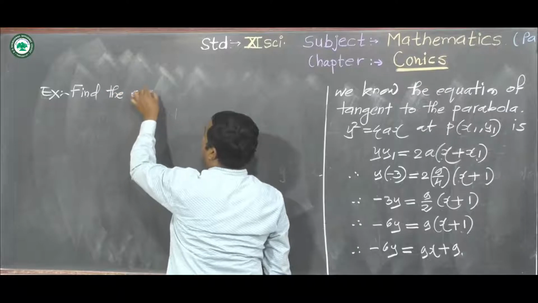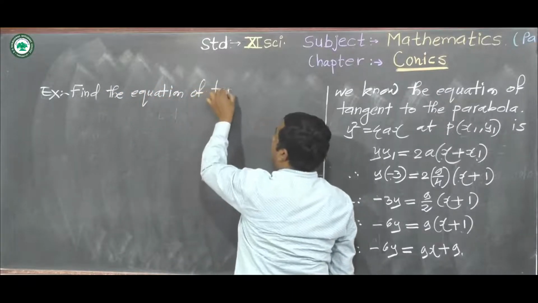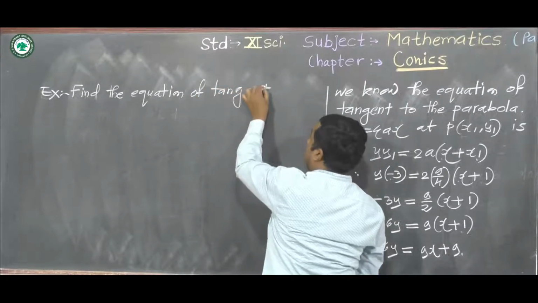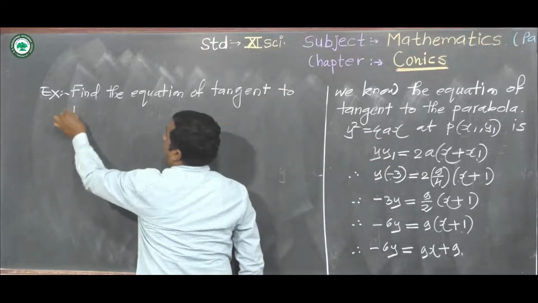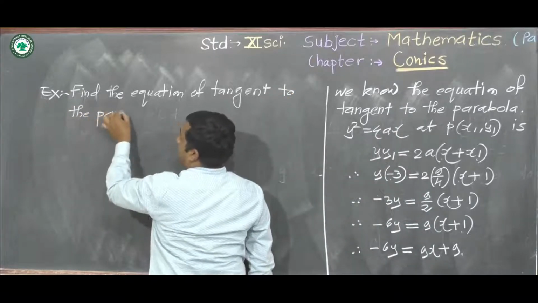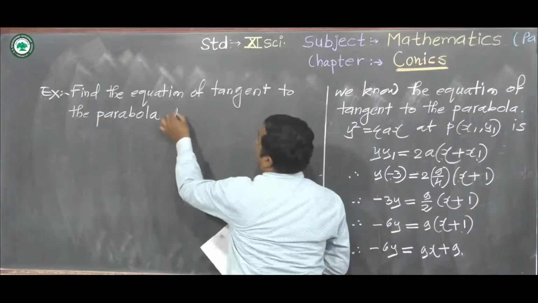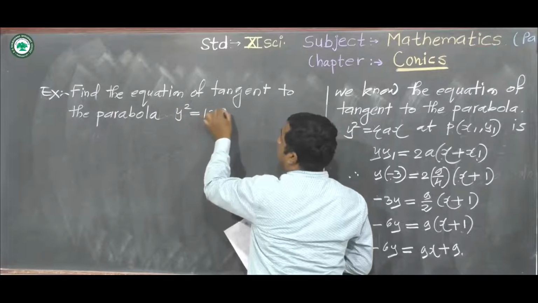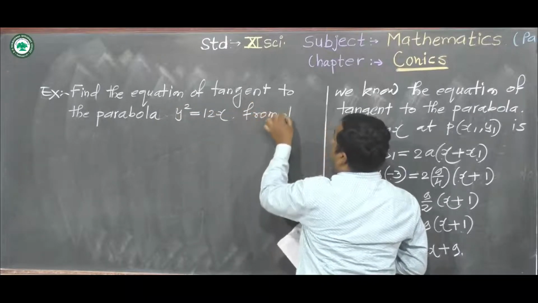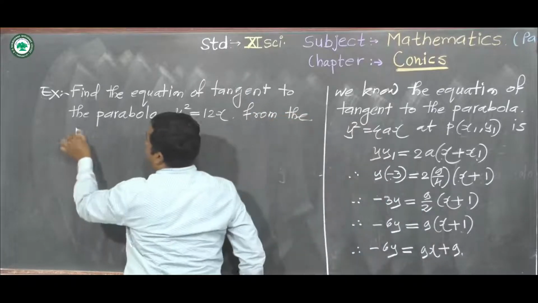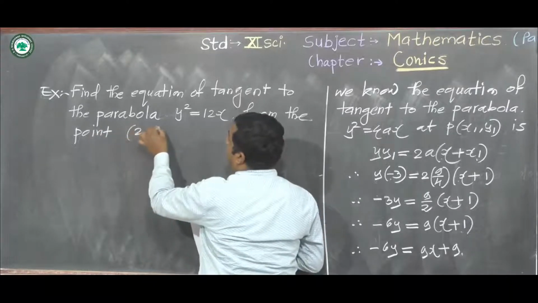Find the equation of tangent to the parabola y square is equal to 12x from the point (2, 5).